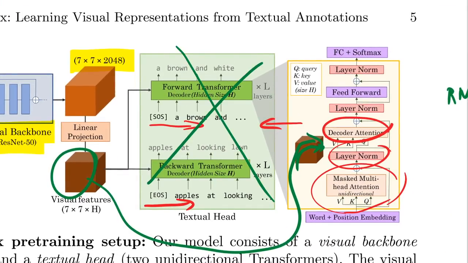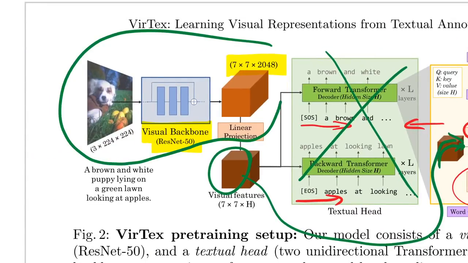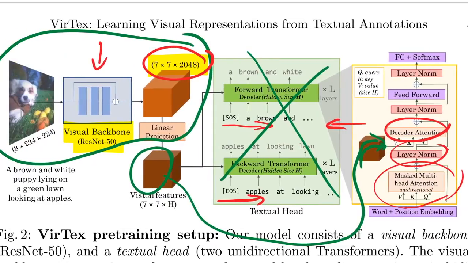So at inference time, you simply cut off this part right here. That's your visual backbone, okay? And these features here, those are going to be the features that you then train your task on. And sometimes you fine-tune this, or sometimes you keep it frozen. You can choose that.